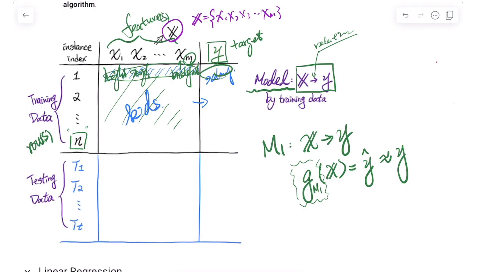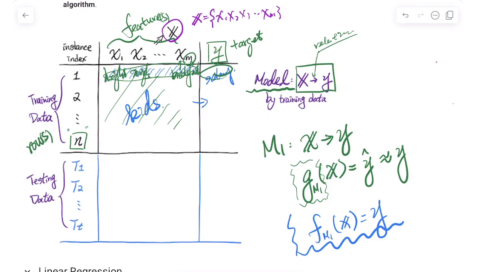But that is the model we made, right? You have to think of one thing. If there is an oracle or God, there indeed is a function which can output the exact y, which is the target.